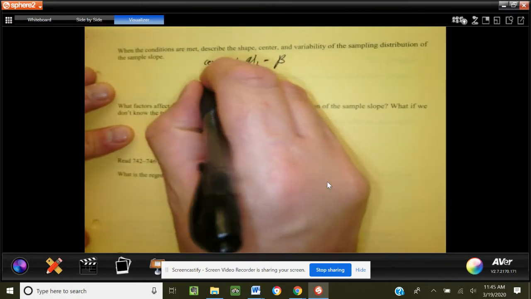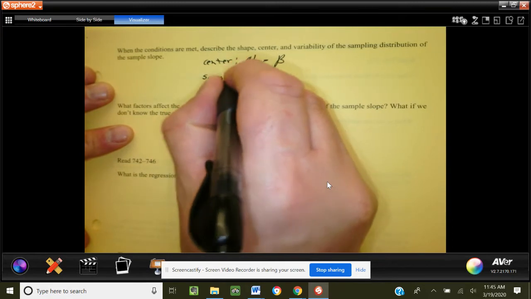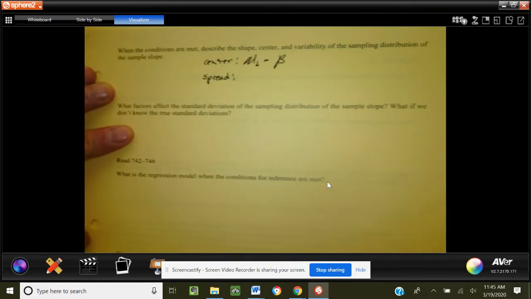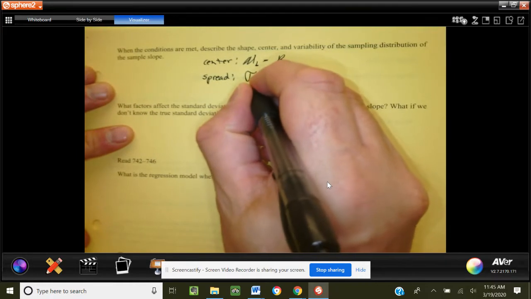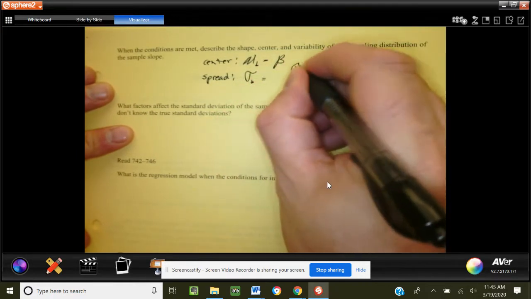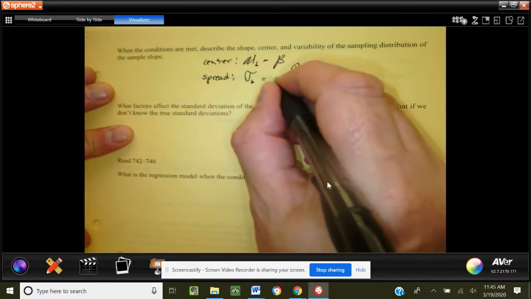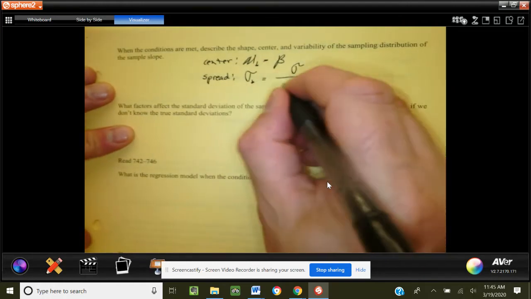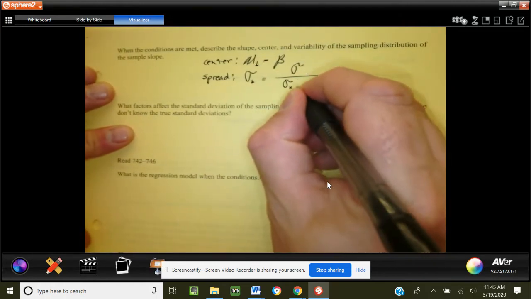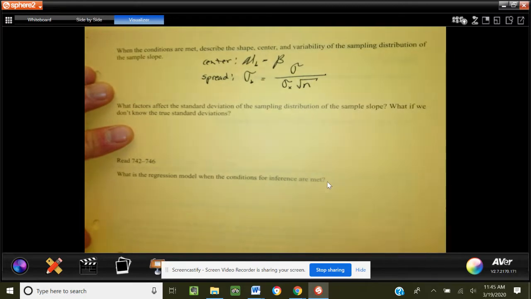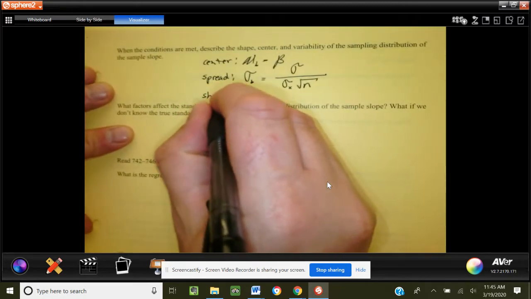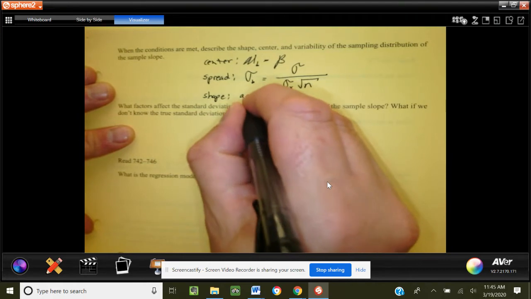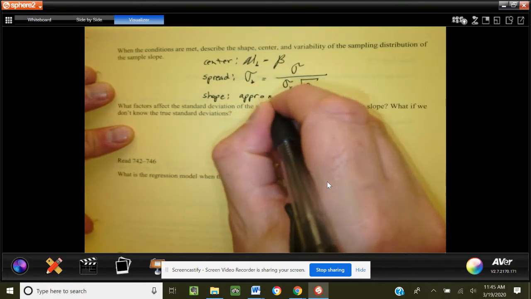For spread, you have that kind of wild formula. You're not going to have to worry too much about this formula, but the standard deviation for slope is equal to the standard deviation of the residuals over the standard deviation of the x values times the square root of n. We just saw that a minute ago. And the shape, if all conditions are met, is going to be approximately normal.